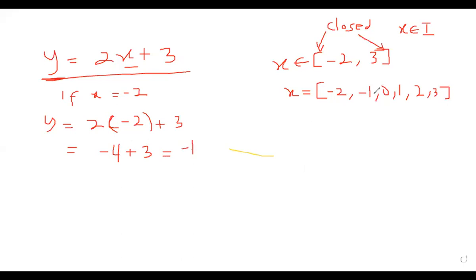Good, and then you repeat for the rest. If x is equal to -1, then y is equal to 2 into bracket -1 plus 3. 2 times -1 will be -2, plus 3, and -2 plus 3 is equal to +1.